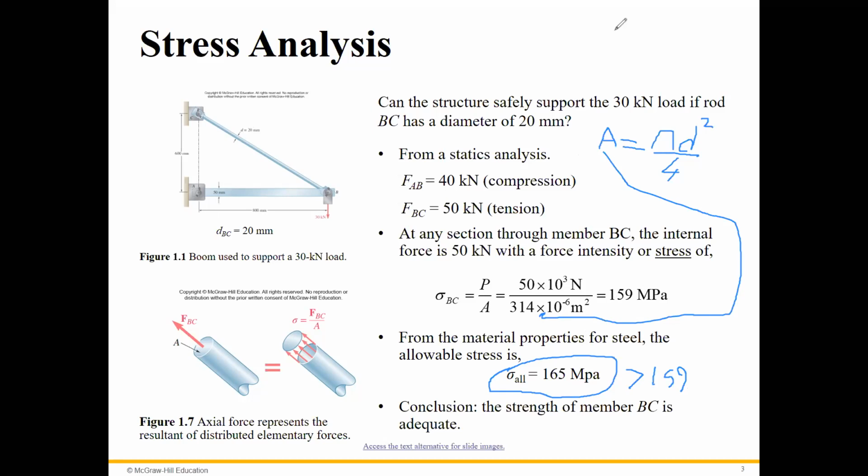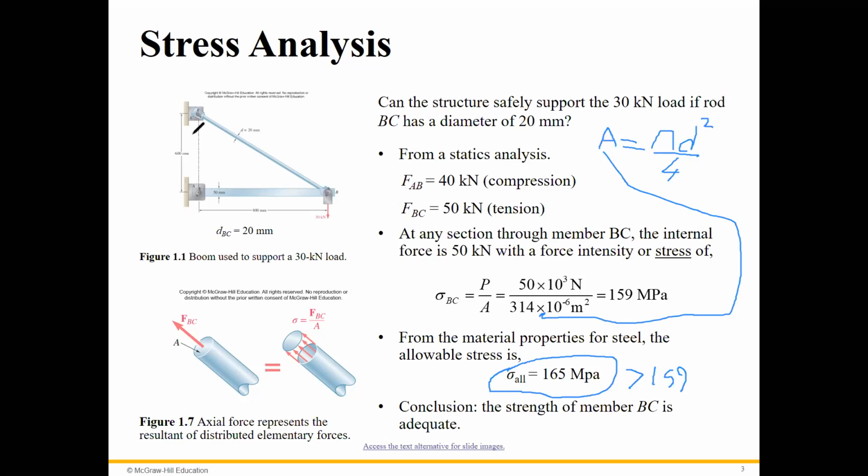There is a chat question. Was that the area? Yes, this area is the area of the circle, the cylinder.